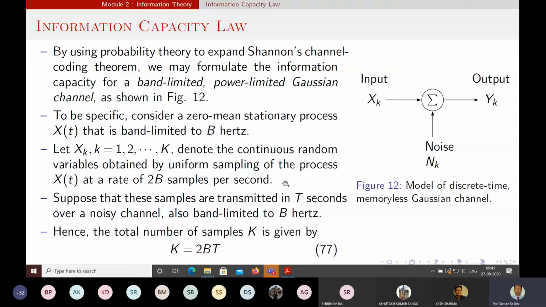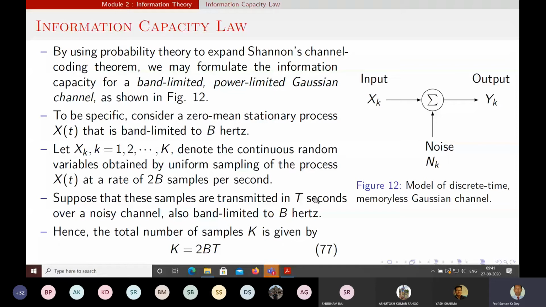How many samples will there be in total? 2B samples per second, and we want to find how many samples in T seconds, so T will be multiplied with 2B.